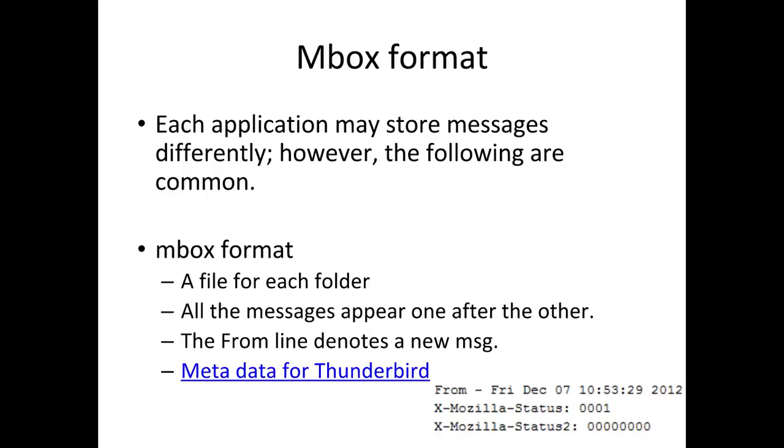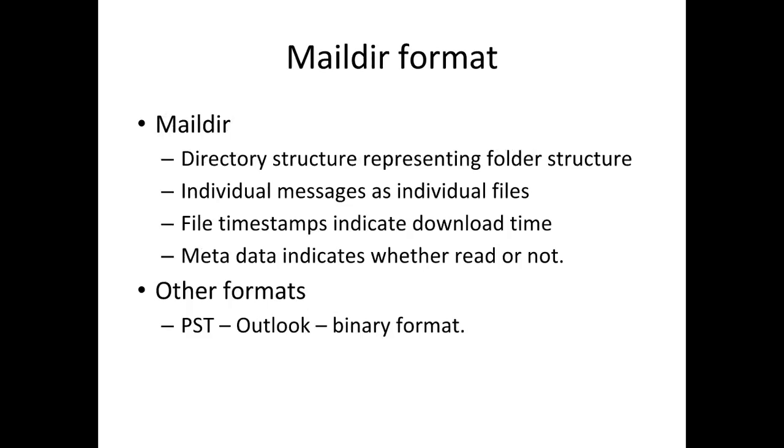There is this standard mbox format. All messages appear one after the other. The From line denotes a new message, and there's a whole variety of metadata which is generated by Mozilla when you're using Thunderbird as a mail client.